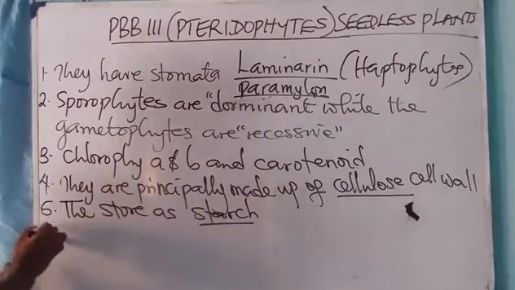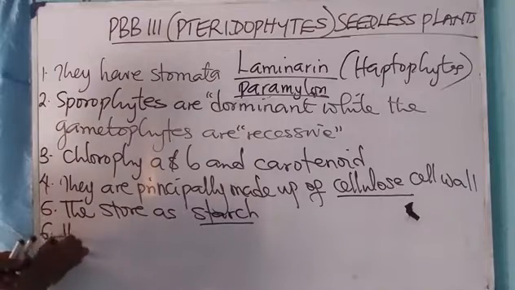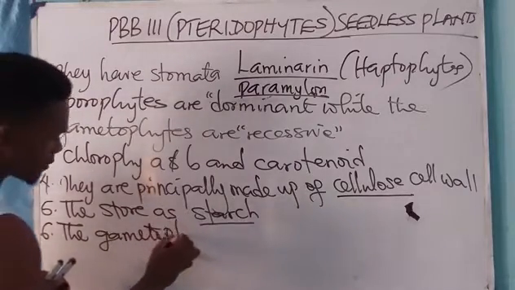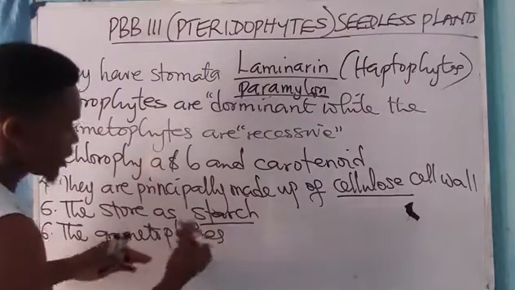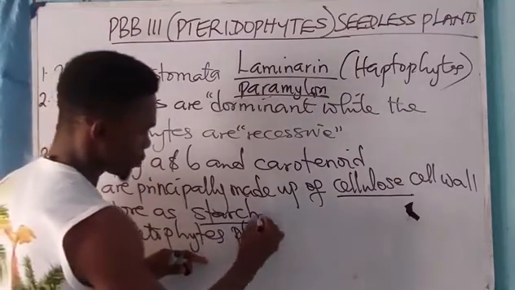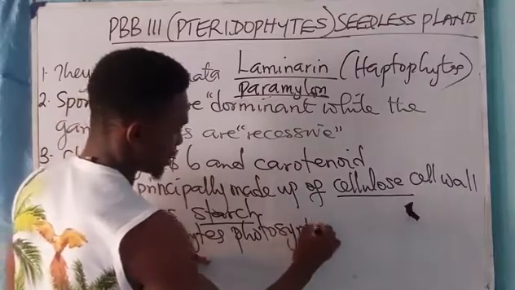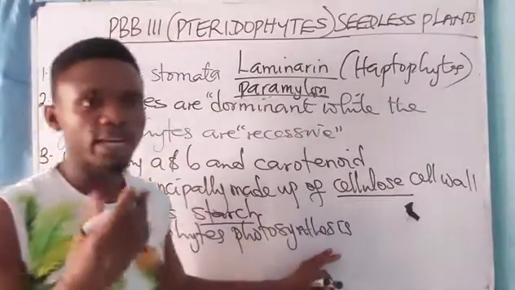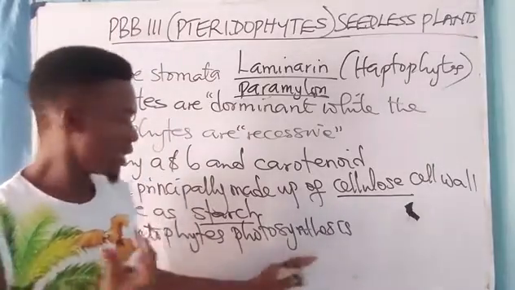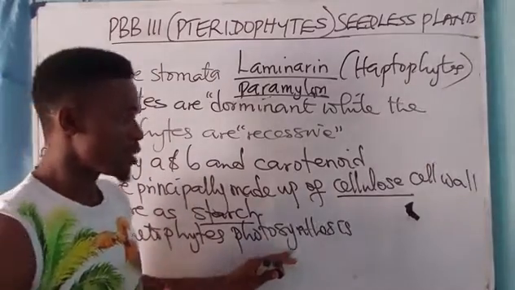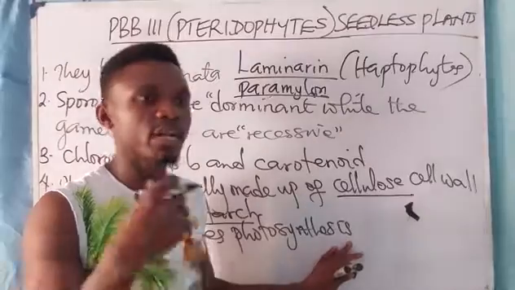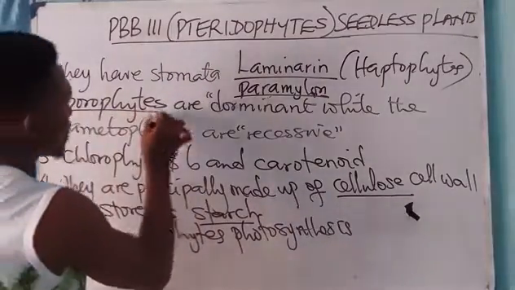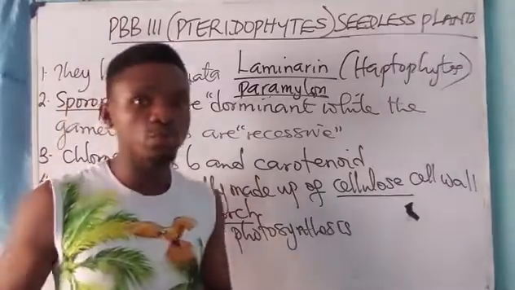Now, number six, the gametophytes of these guys could be photosynthetic, or they derive their nutrients from the soil. They could have the ability to produce their own food, or they derive their nutrients from the soil. Please take note, these sporophytes are always photosynthetic.